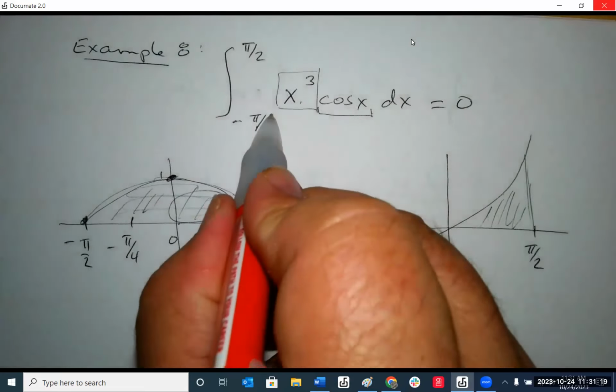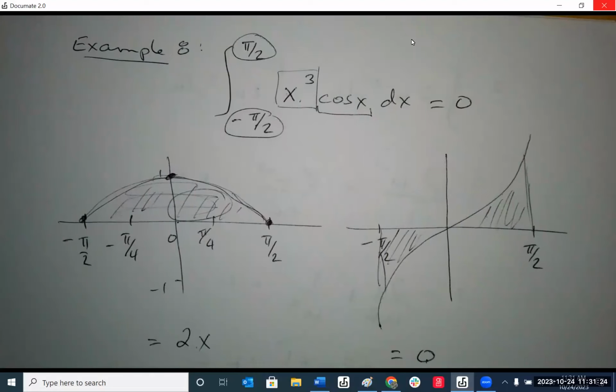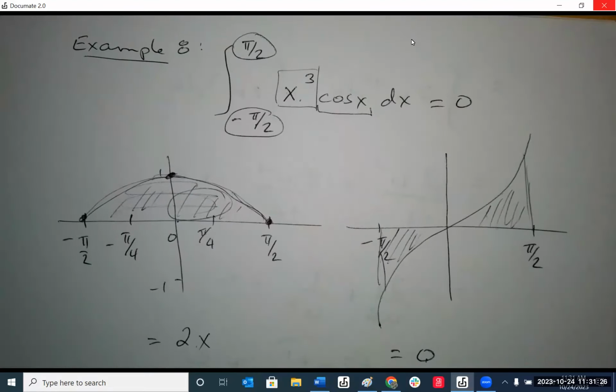Simply because we're looking at symmetric integration. And that's why I put the pictures on there. If it's the same top and bottom and they cancel each other out, then it's zero.